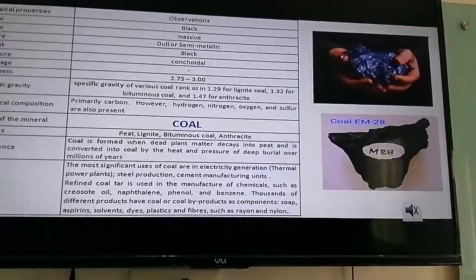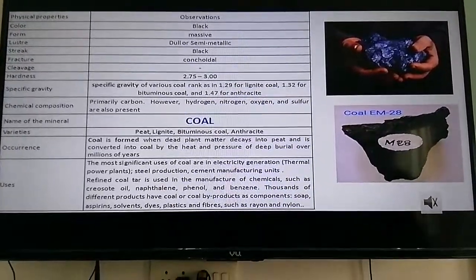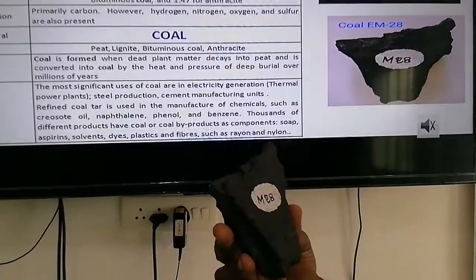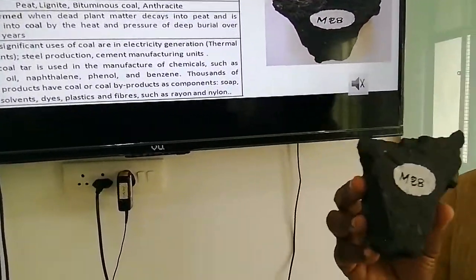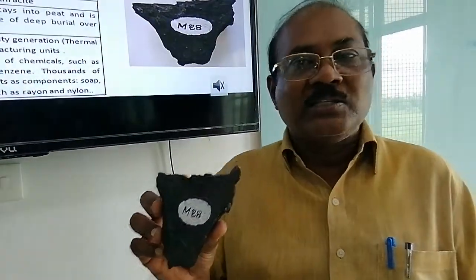Coming to the next mineral is coal. So this is the coal. In fact, coal is a rock, but by considering its economical importance, the geologists have considered this as an economic mineral.